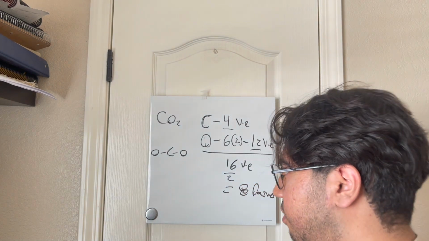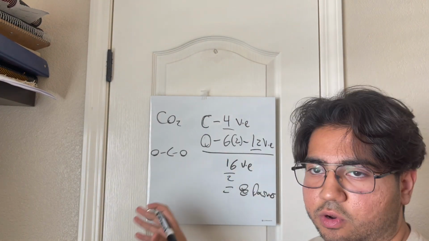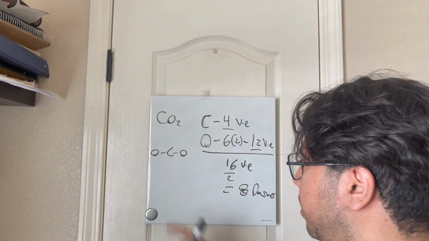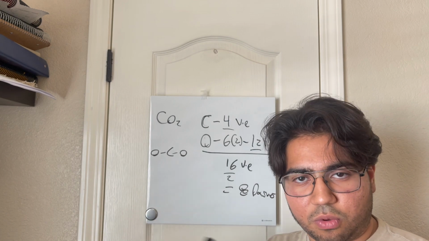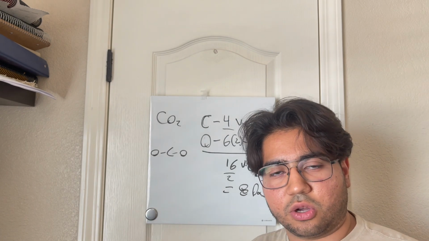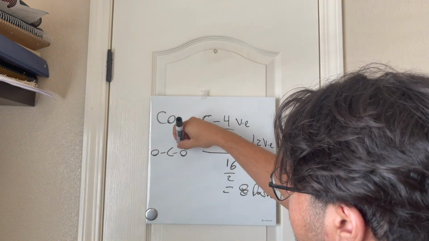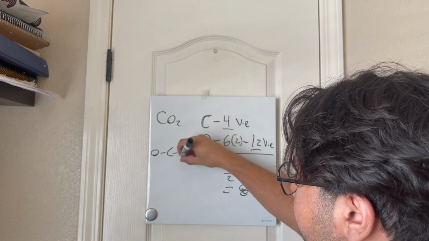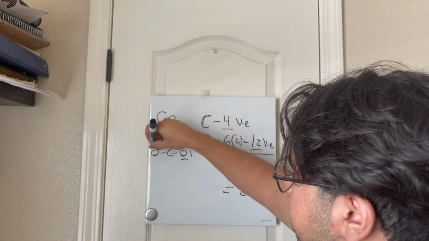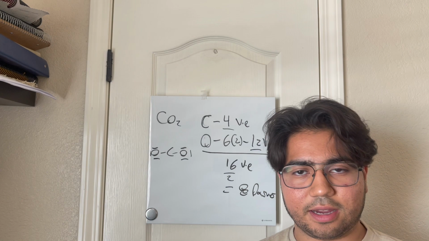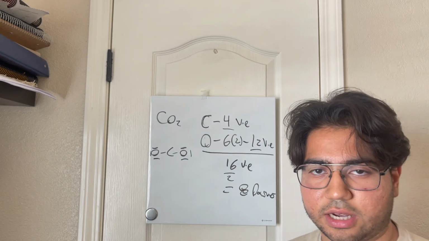Cool. So let's go ahead and dump them in. Remember, outside first, inside last. So we already have some electrons here, so we'll count them in our total count. So we have 1, 2, 3, 4, 5, 6, 7, 8. Okay, so that's all of our electrons.